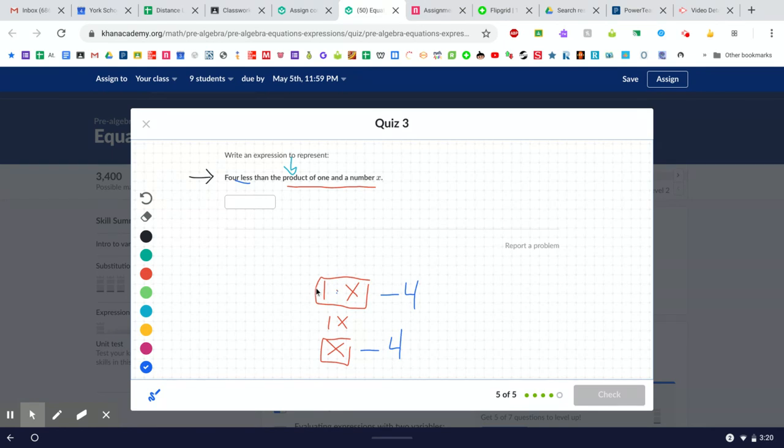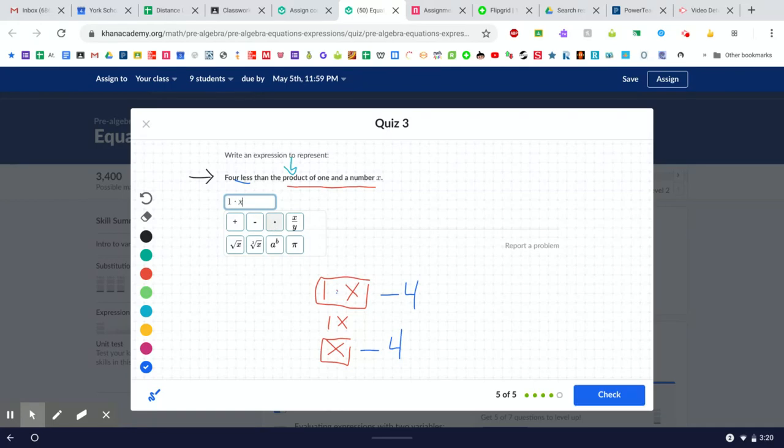I don't know which one to choose. They're both correct technically, but I don't know what Khan Academy looks for. So I'm going to go with the one that I think is probably less correct, but because it was spelled out, let's just try typing in this first one and see what happens. The product of 1 and a number x. Since the sentence says it really explicitly, I'm going to type it in that way, even though it's not typical. 1 times x.